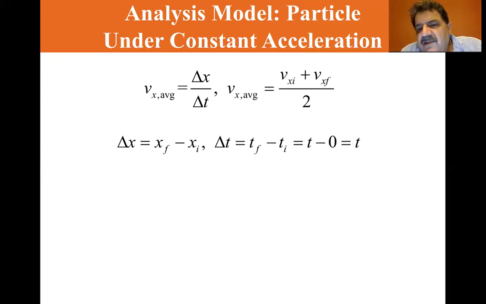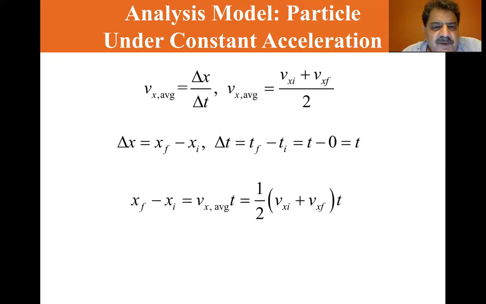If we take t initial to equal 0, it just becomes t. We can substitute and rearrange: x final minus x initial equals vx average times t. Well, what is vx average? It's vx initial plus vx final divided by 2, as we just saw above.